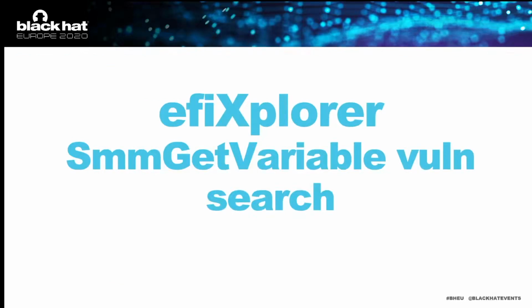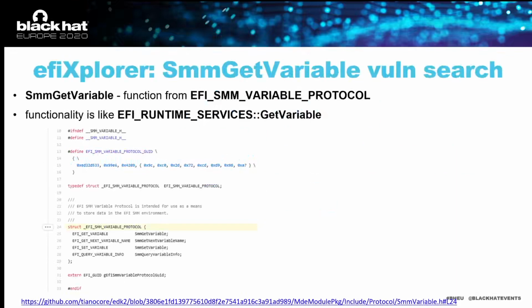The same situation with get variable happens on the SMM stage. There's a special protocol called UEFI SMM variable protocol, and it's just a matter of getting that protocol and then using that pointer to that protocol as a table of functions, and then using the SMM get variable function or other functions.